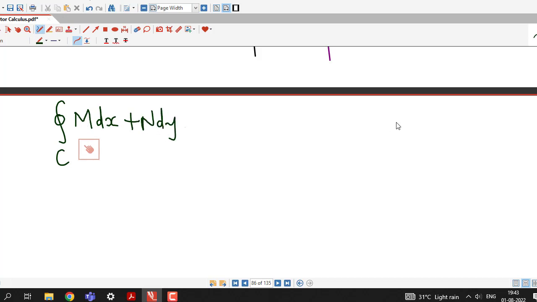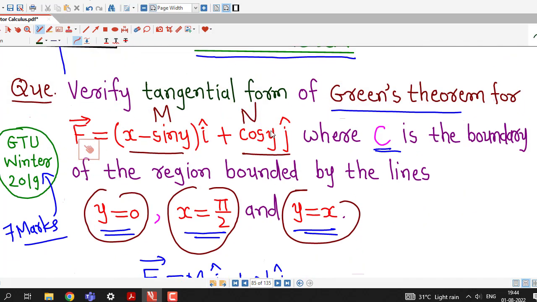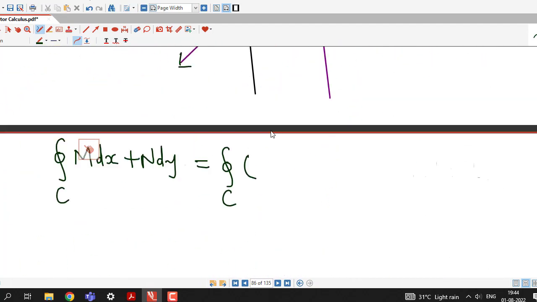If we are considering normal form, we will remember M dy minus N dx, but because we are considering tangential form, we are taking M dx plus N dy. Now we substitute values of M and N. M is x minus sin y and N is cos y.